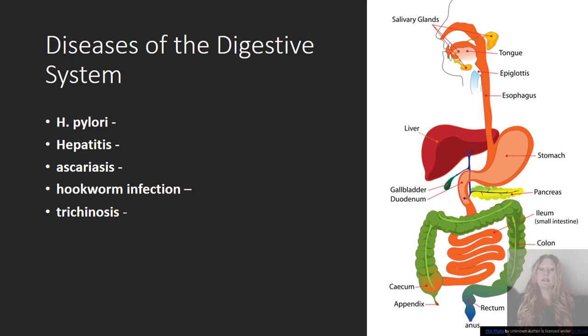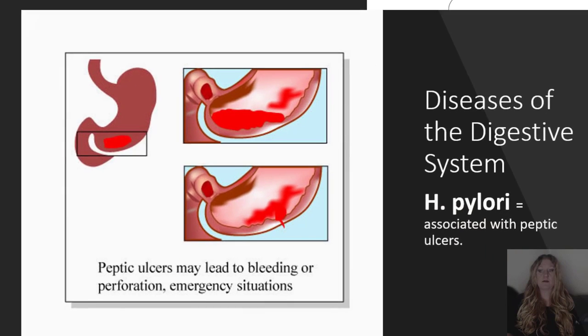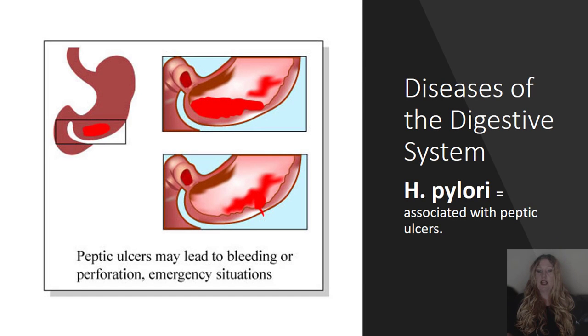Some of the diseases that affect the digestive system include H. pylori, hepatitis, ascariasis, hookworm infection, and trichinosis. H. pylori is associated with peptic ulcers.